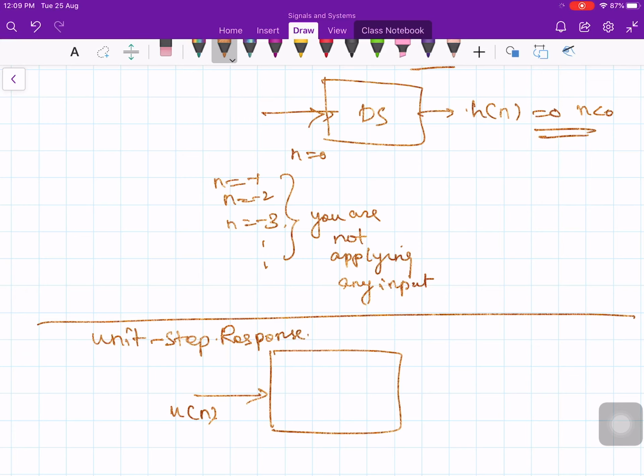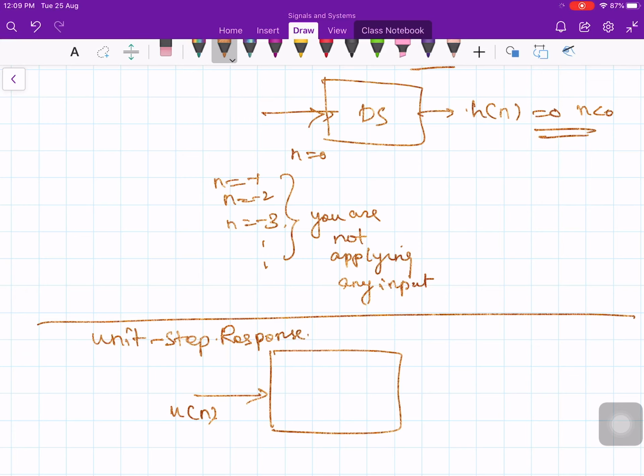If you put y of 0, then summation L equals 0 to 0 x of L, which is equal to x of minus infinity plus dot dot up to x of minus 2 plus x of minus 1 plus x of 0. Like that you can keep on writing.